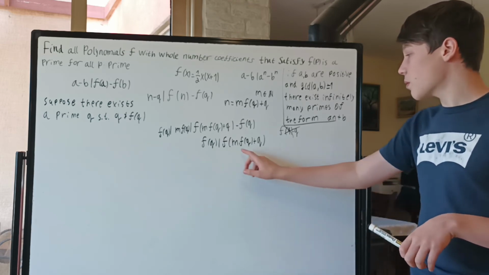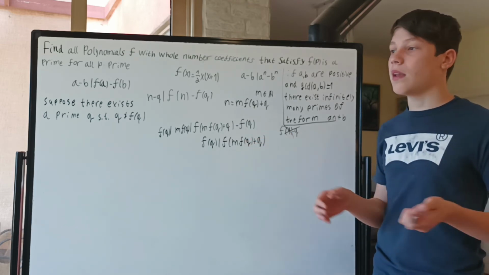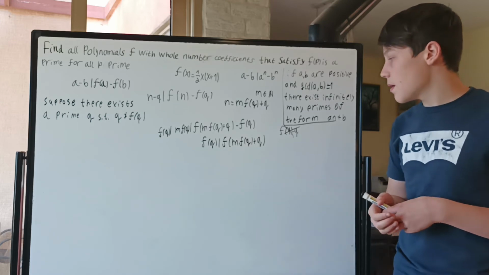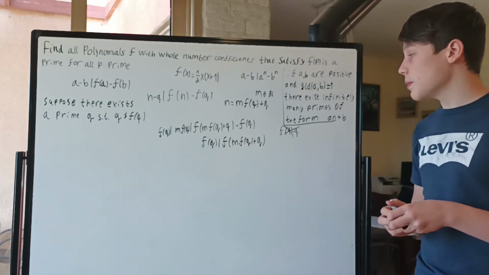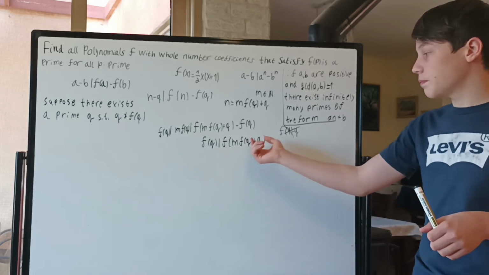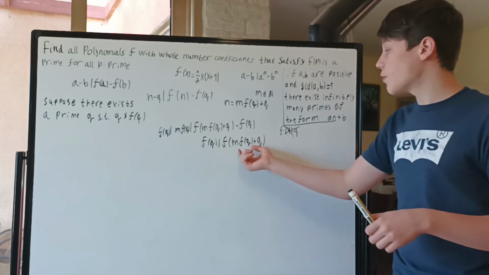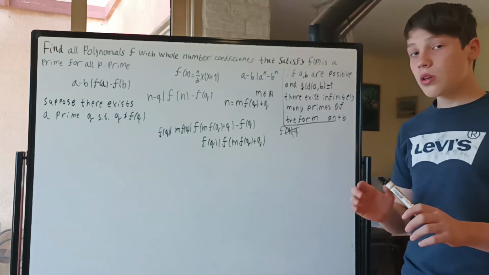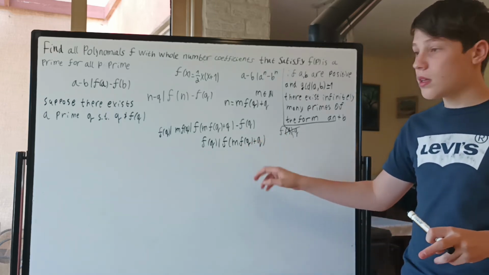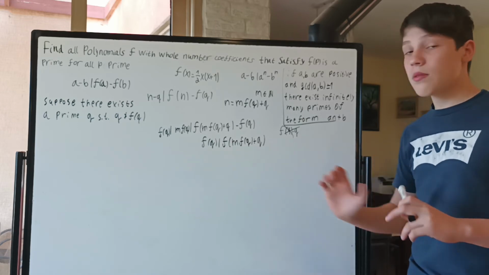And here, this m can be our n, doesn't matter, just an index. q and f of q, like we said, they're co-prime, which means that there are infinitely many prime numbers of the form m f of q plus q. So let's take such an m so that this inside here is a prime number.